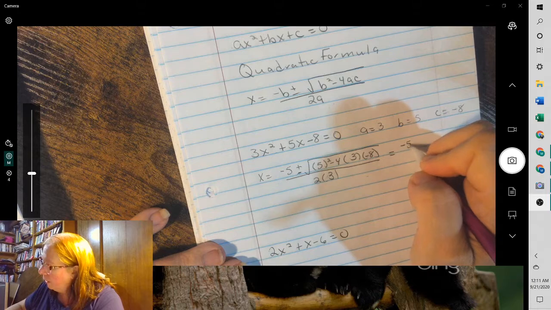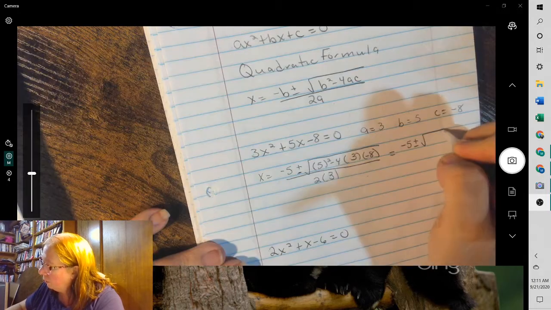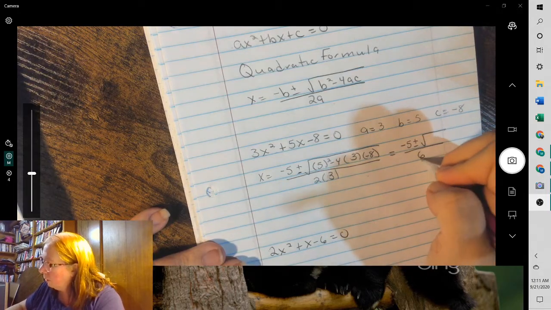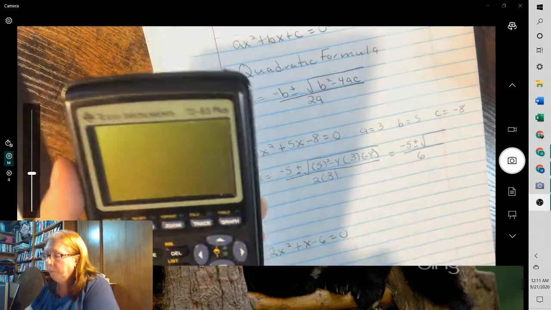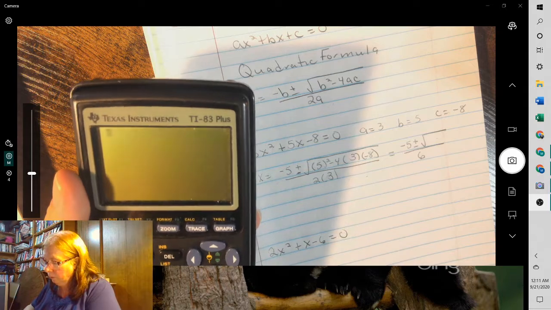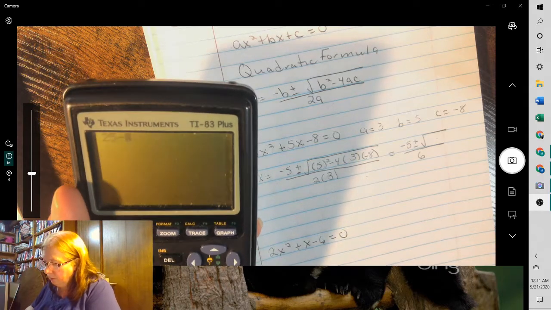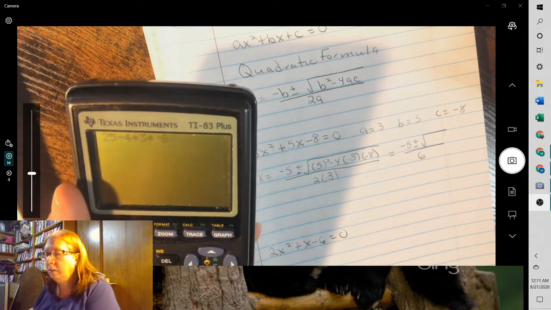So negative 5 plus or minus the square root, all over 6. And we want to plug this part into our calculator. 25 minus 4 times 3 times a negative 8.